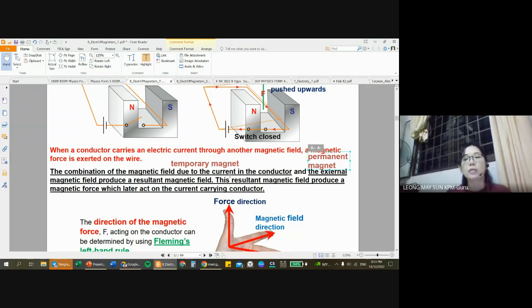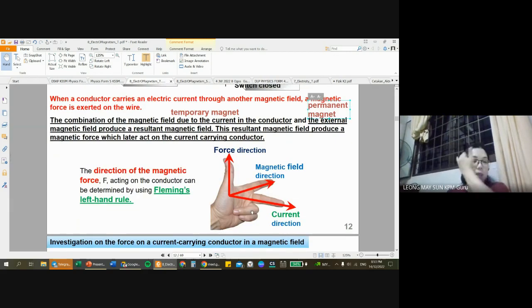This resultant magnetic field produces a magnetic force which acts on the current carrying conductor. How do we determine the direction? We use the Fleming left hand rule.